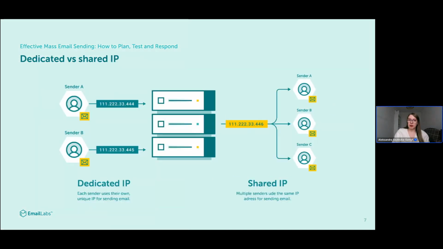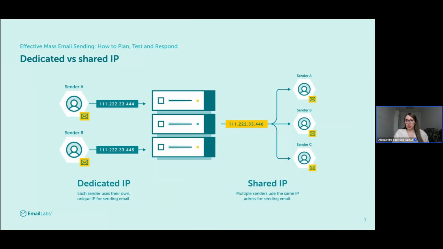So the first thing that you have to prepare when sending is your sending domain and your sending infrastructure. And when talking about sending infrastructure, we can have a dedicated and a shared IP address. A dedicated IP address means that only you as a sender can use this IP address to send your mailings, you're the only one that works for the reputation.